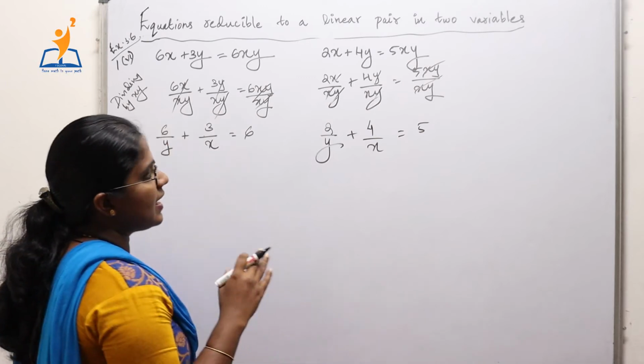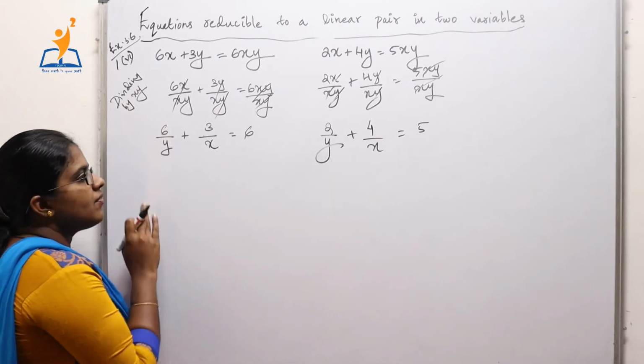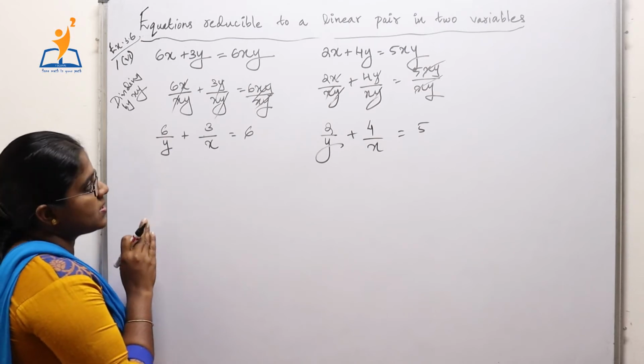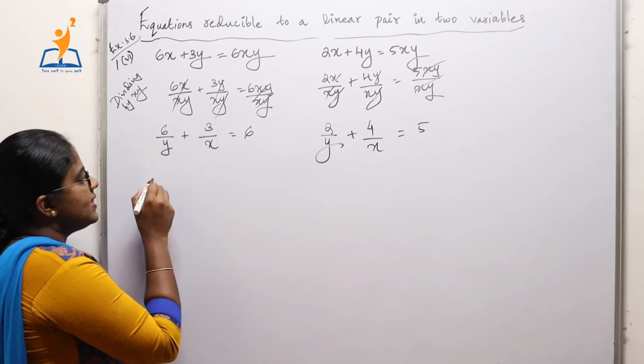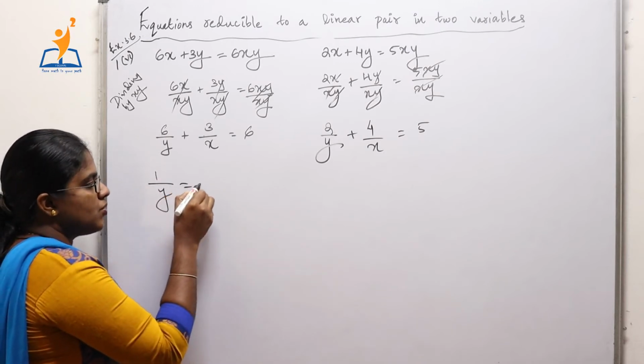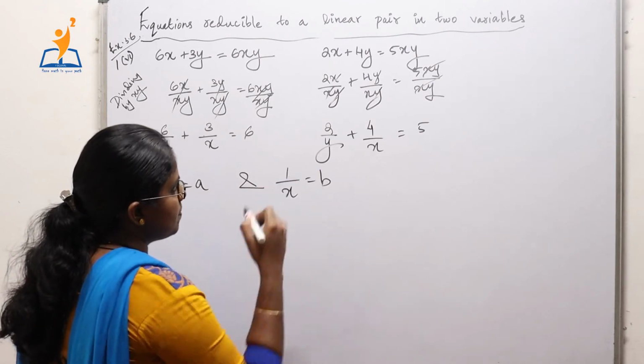So this is the equation we got by simplifying the given question. So here we know that these are not linear equations, so we are going to give some substitutions to make them linear. That is 1 by y is equal to a and 1 by x is equal to b.